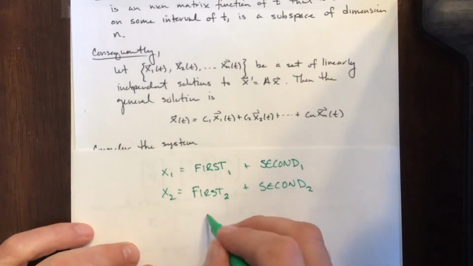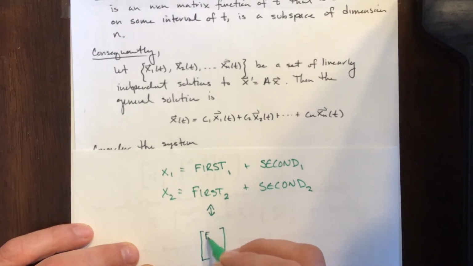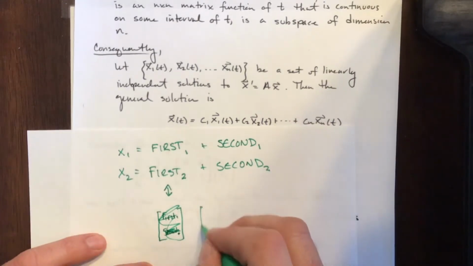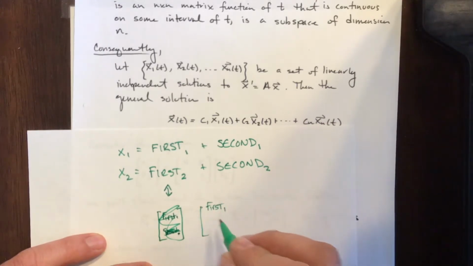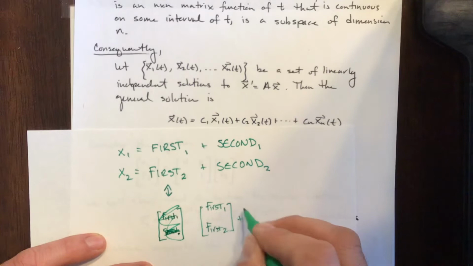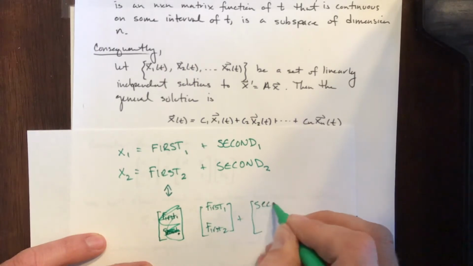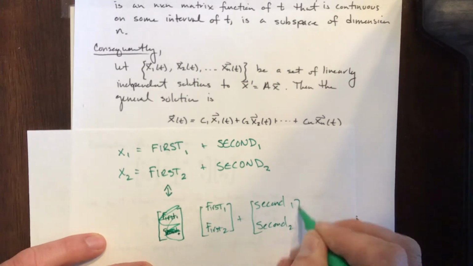Well, this part that goes into the first component, oops, sorry, I wrote that wrong, is going to be contained in the vector x1. So first 1, first 2, plus second 1, second 2.